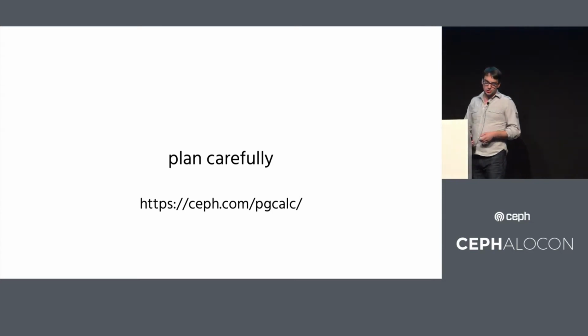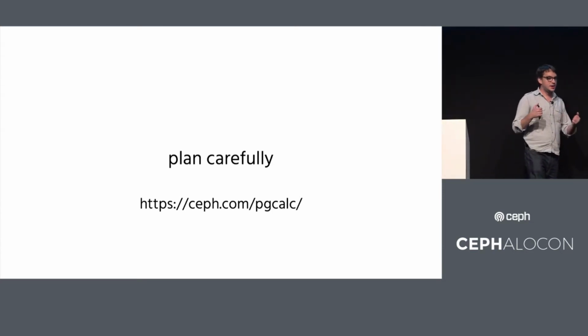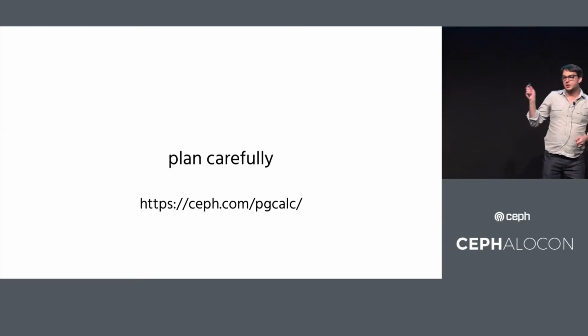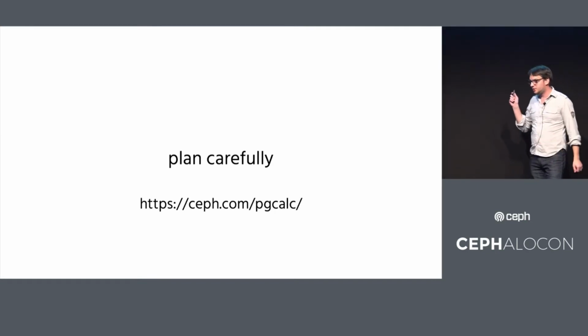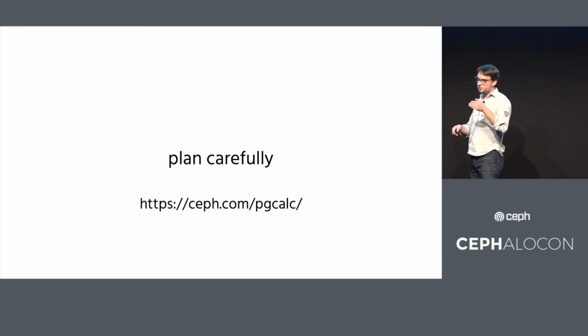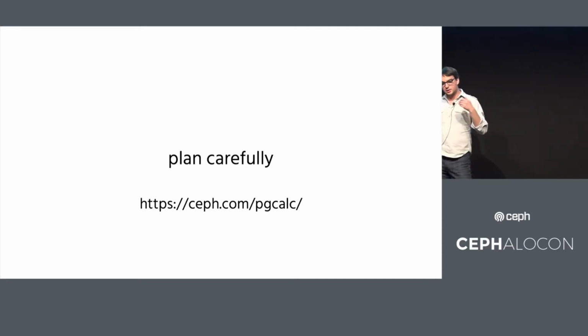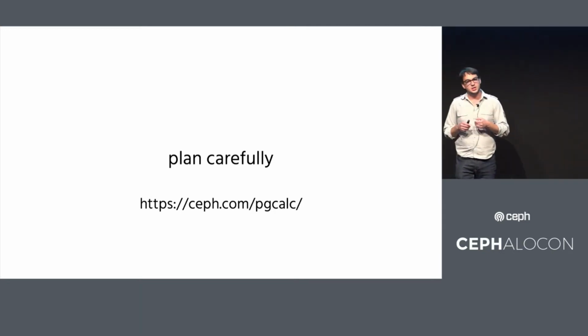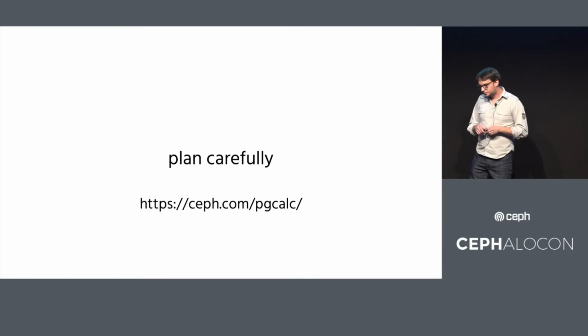So when you create a pool, plan carefully. Once again, there's a great tool called pgcalc on the Ceph.com website. You can build your pool structure, and it calculates the number of PGs you need for you.